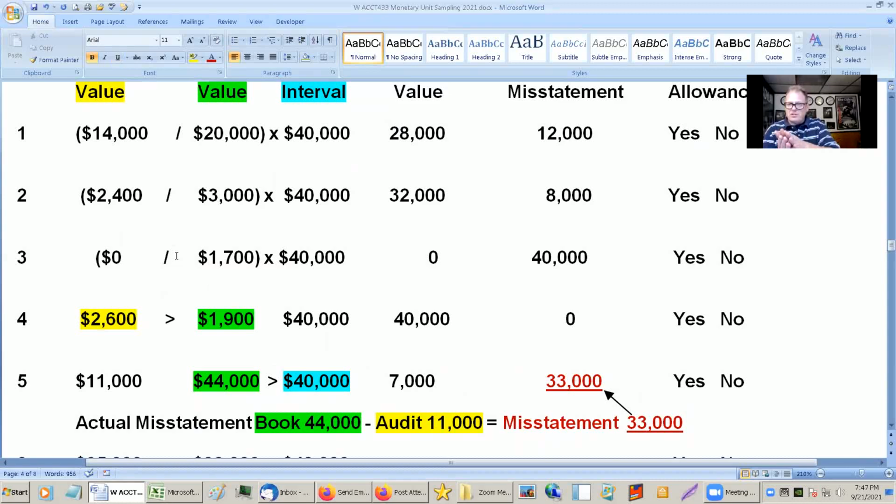Why? Because a ratio is done to project a sample over a larger interval. In this case, the item you're testing is bigger than the interval, and you know it's actually misstated by 33,000.